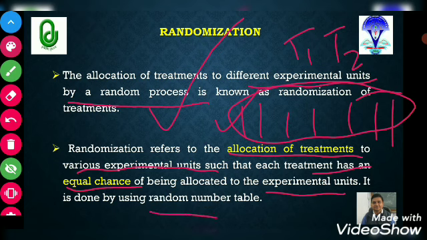It is done by a random number table, which we have already discussed in sampling design. In an Excel sheet, if you apply the syntax =RANDBETWEEN, with this function you can generate the random number table, and based on the random number table you can apply the treatments. So this is about randomization.